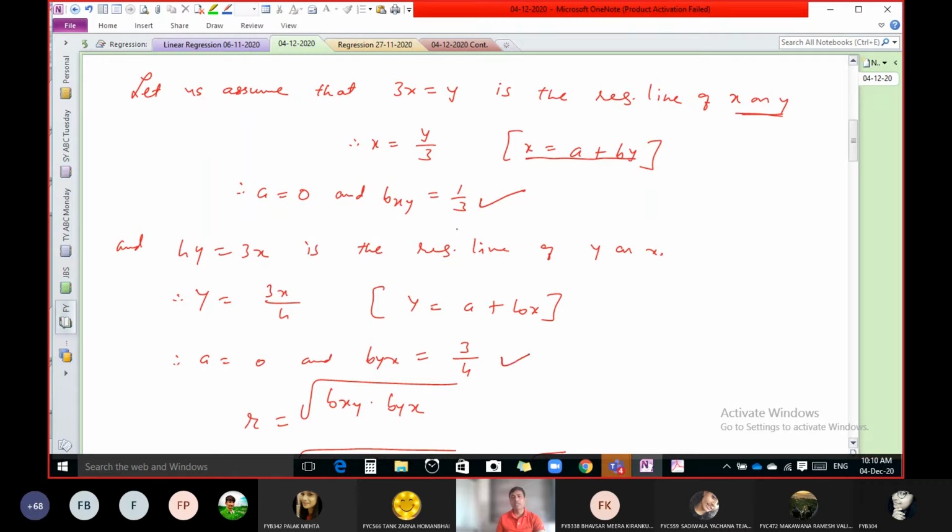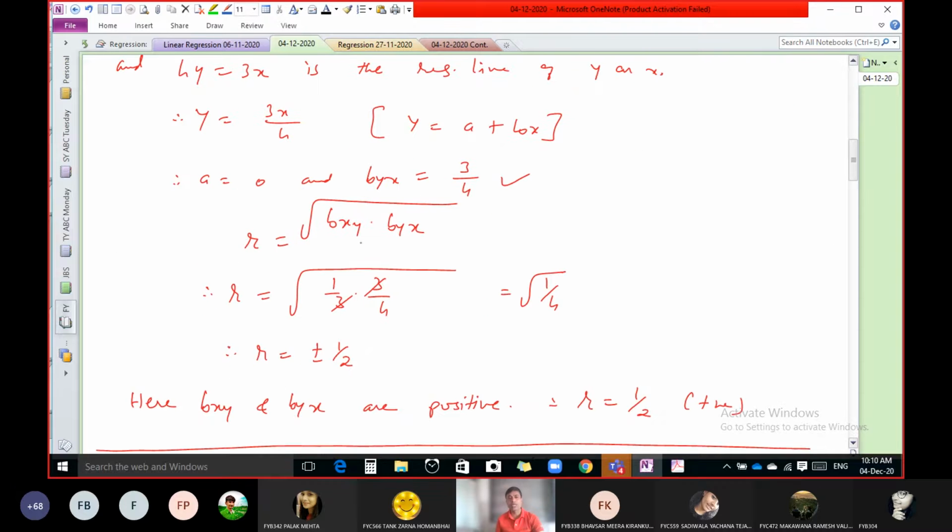We know that the square root of the multiplication of these two is nothing but the value of r. So what is r here? r equal to square root of byx into bxy. So square root of 1 by 3 into 3 by 4, and this 3 cancels, and we get square root of 1 by 4, and the answer is r equal to plus or minus 1 by 2.